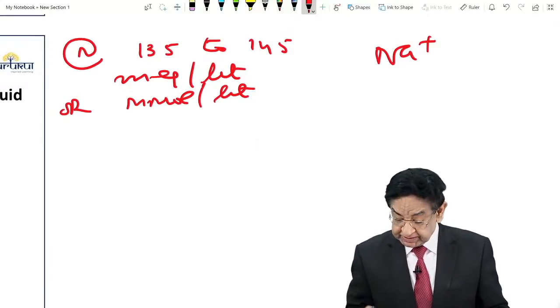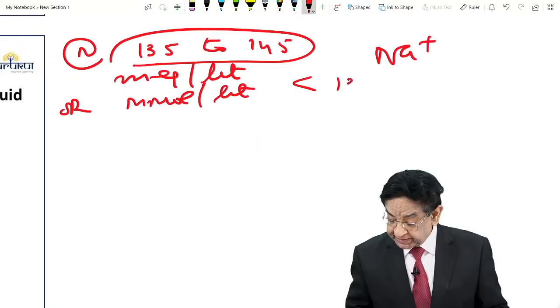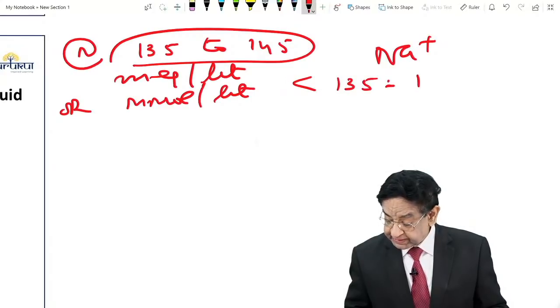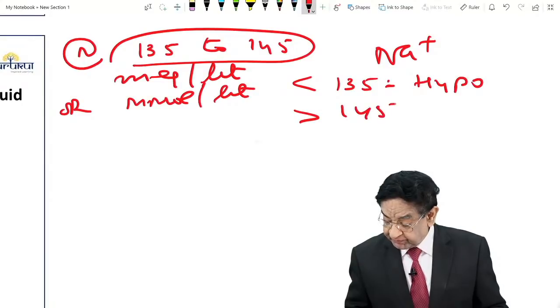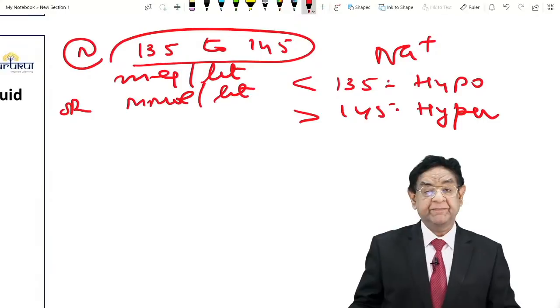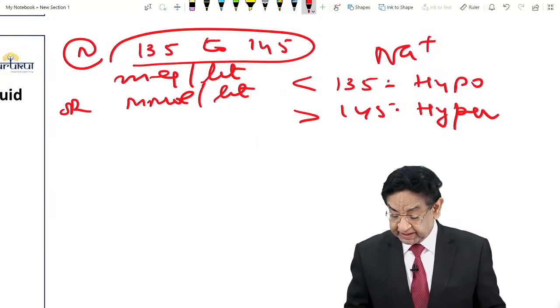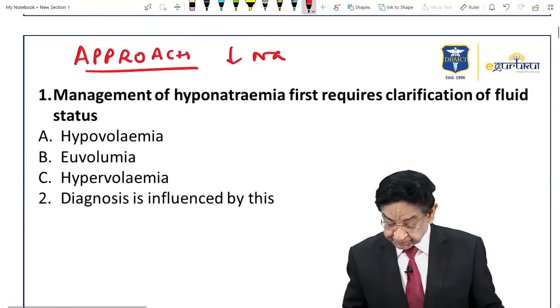Okay, this is the normal level. So when the level goes below 135, we call it hyponatremia, and when the level goes above 145, we call it hypernatremia. The very basic thing that you should know. The normal range is 135 to 145 milliequivalent per liter.